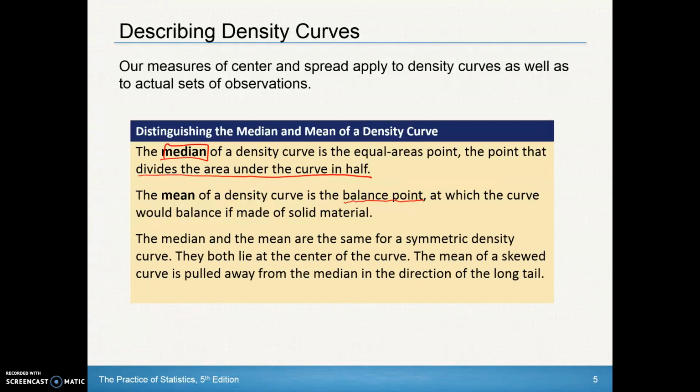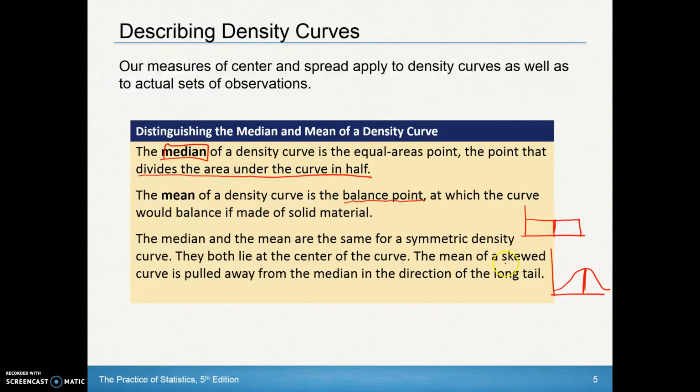And then the mean and the median are the same for a symmetric density curve. So you could have a symmetric density curve that looks like this. You have equal parts on each side. So both the mean and the median would be right here if it was symmetric. Some of the more popular ones are curves like this one right here, where the mean and the median are right on the same spot.